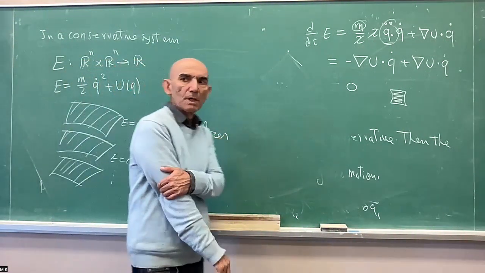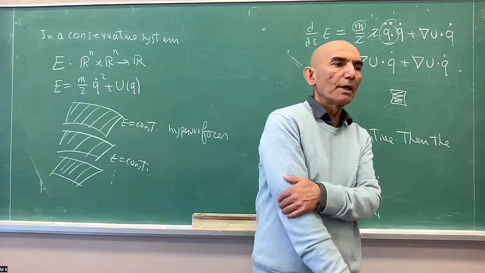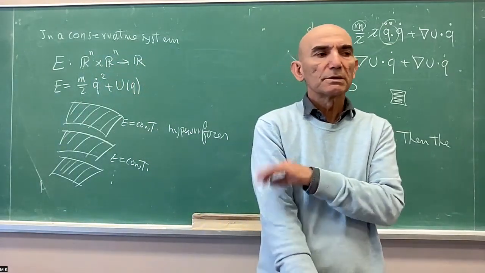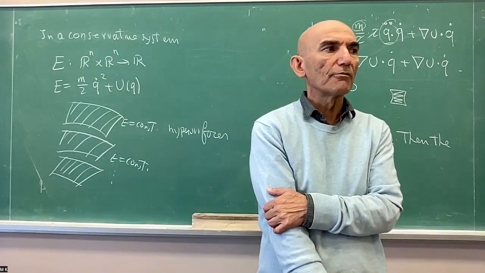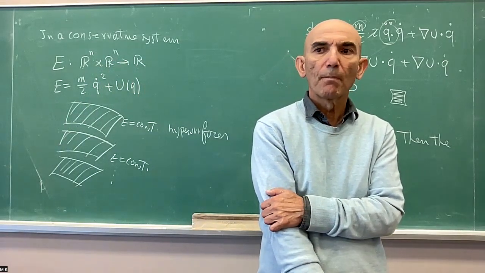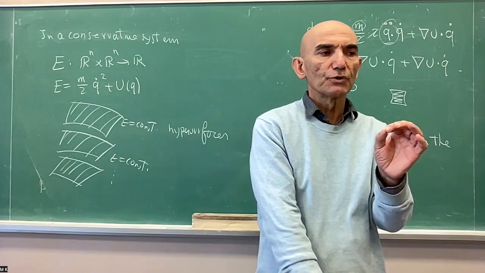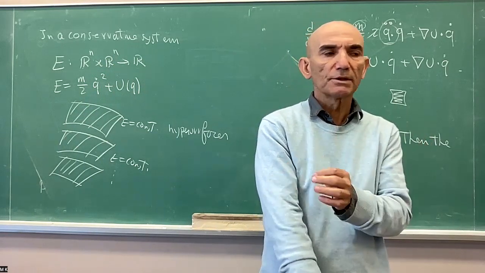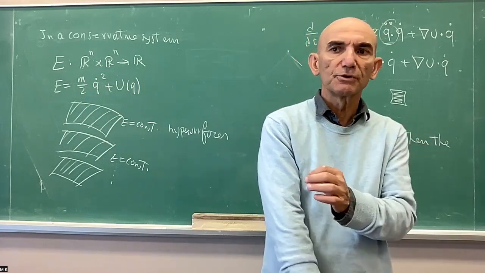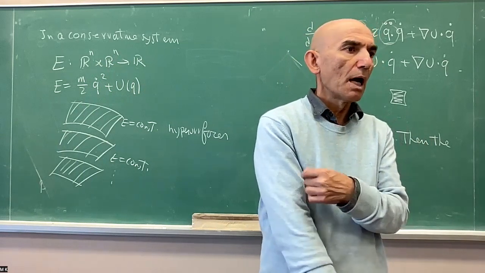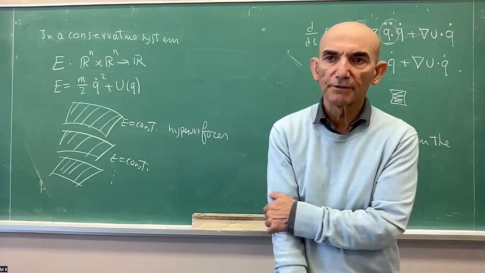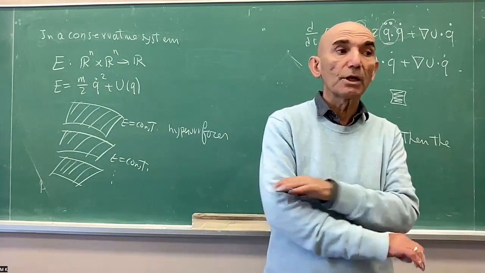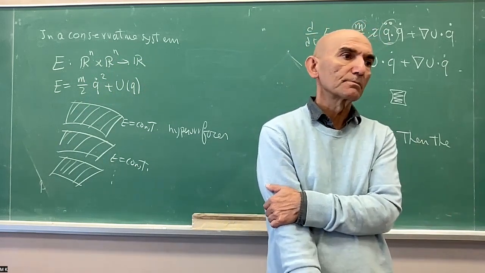How do you determine which surface your particle is on? All you have to do is find the initial position and velocity or momentum of the particle. Then it gives you the value of the energy, and then you know which surface. The particle always stays on that surface.